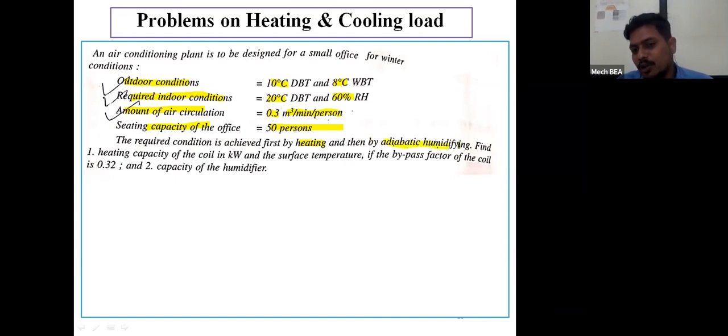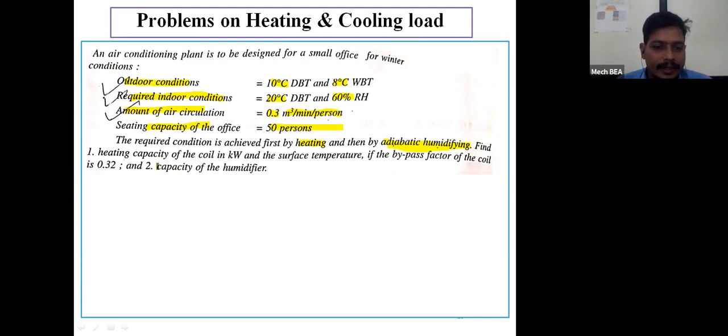So here, what is the meaning of adiabatic humidifying? Adiabatic humidification means it is the process of cooling and humidification. If you do not know, then note down this point: adiabatic humidification is the cooling and humidification process, which occurs at constant enthalpy only. So here, what we have to find out?